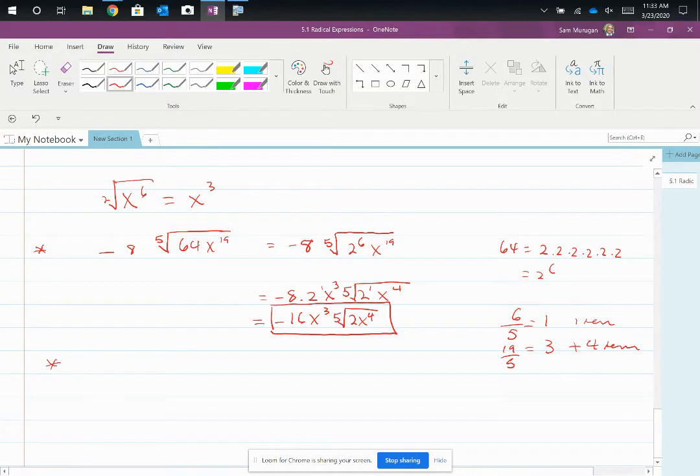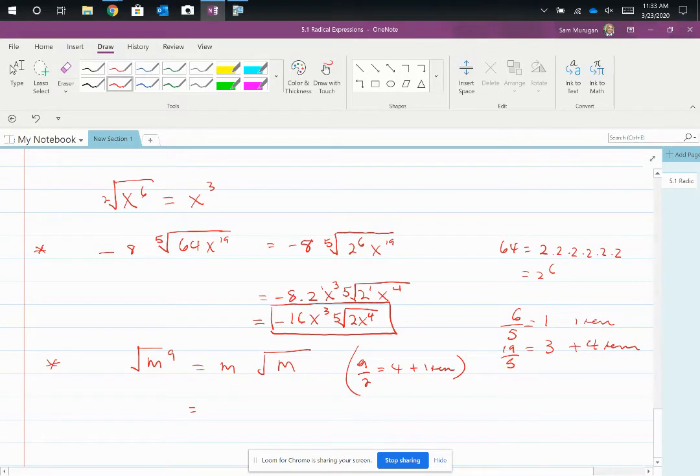From the homework, square root of m to the power 9. So write m, another m here, and then 9 divided by 2 is 4 plus 1 remainder.